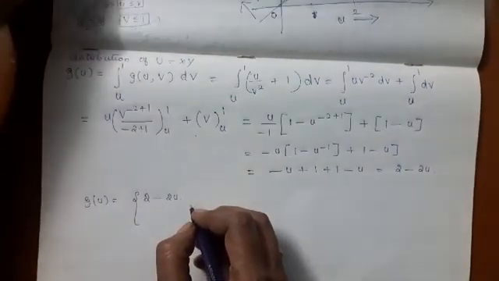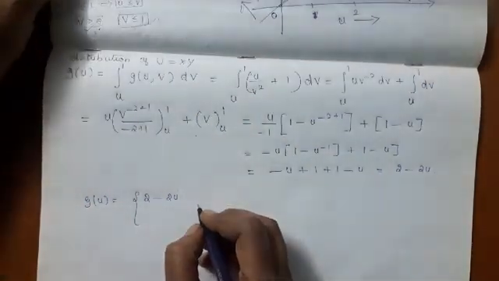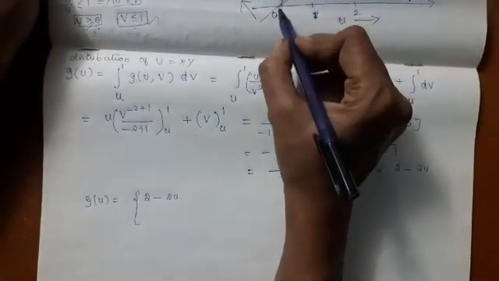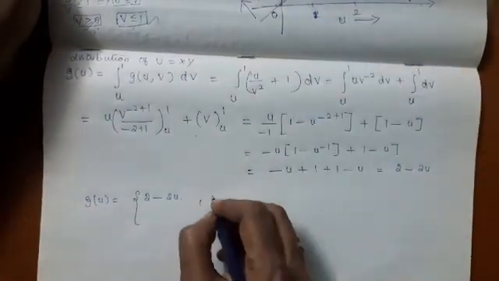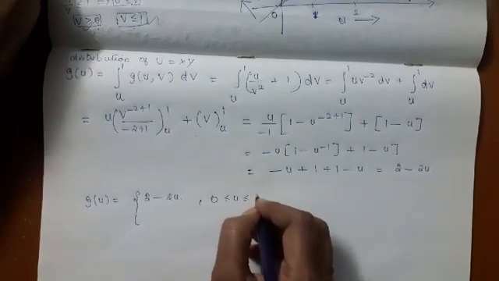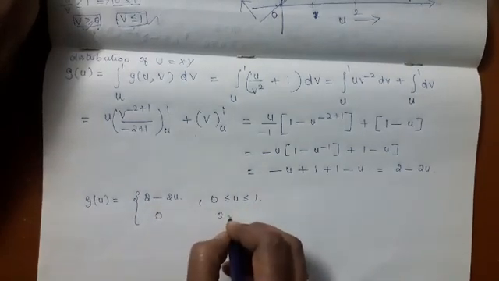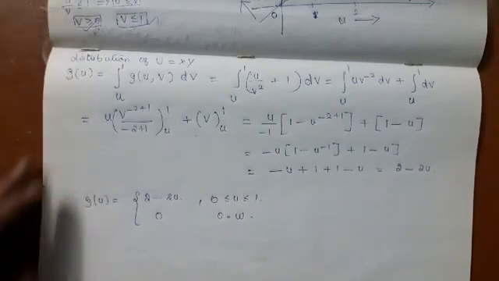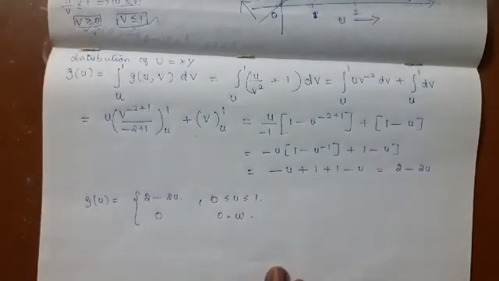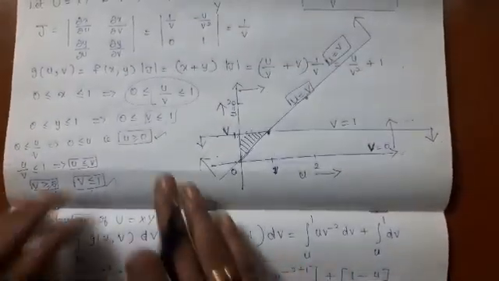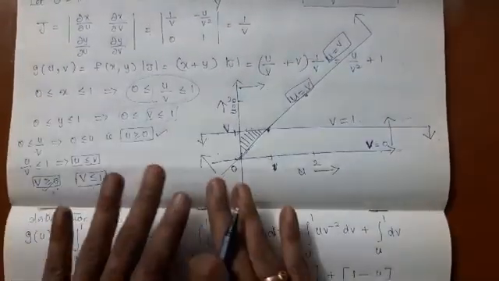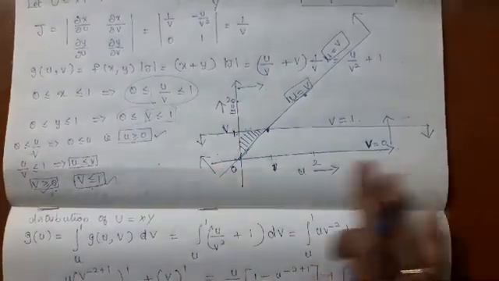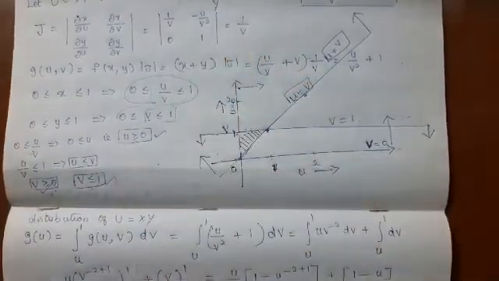And what is the range of u? U is from 0 to 1, 0 less than or equal to u less than or equal to 1, and 0 otherwise. Okay. So this is your distribution of xy, right? You should be clear with this range of integration. U values are plotted on the x-axis and v values on the y-axis.